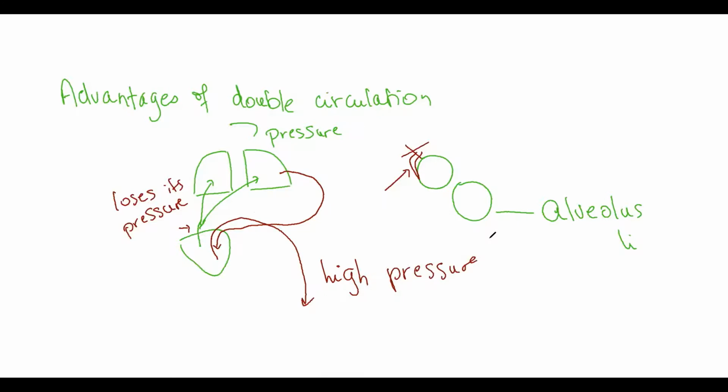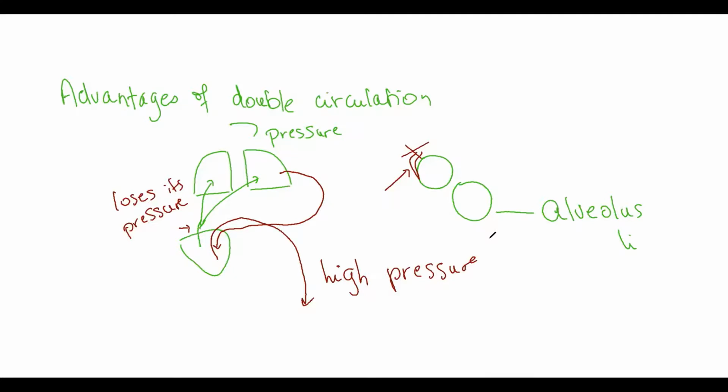To allow the blood to reach every single cell in the body at the same time with a very high speed. That means the pumping pressure of the heart is very strong to allow the blood carrying oxygen and nutrients to reach every single cell nearly at the same time, and of course with a very high pressure.